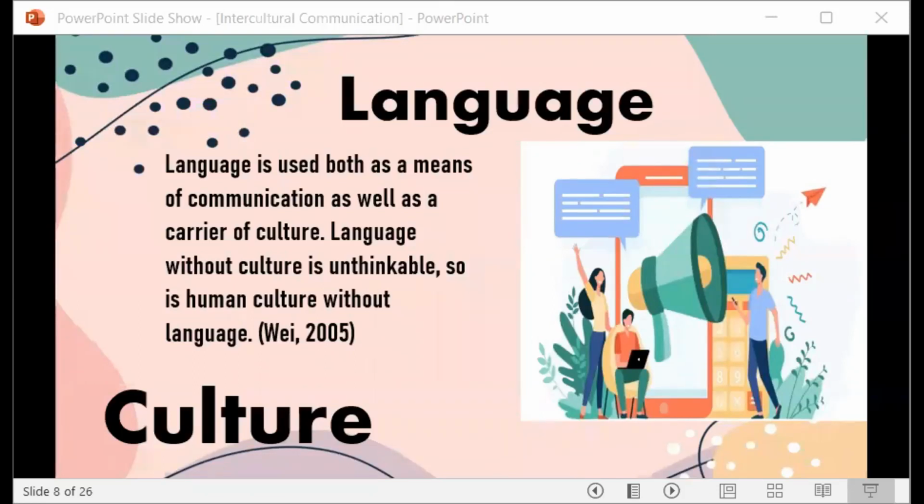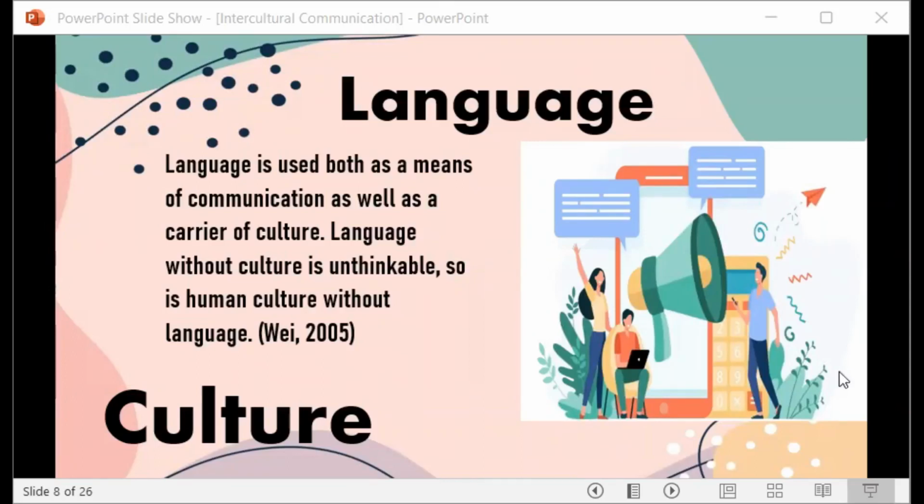Language does not limit anyone's ability to perceive the world. Without language, there is no way to bind people and to maintain and pass the customs and traditions of one cultural group from the past generation to the future generation.